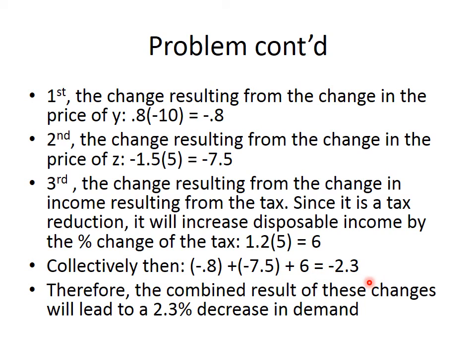We just add those three things together. Combined, that's a negative 2.3% change in demand. Okay, this will be negative 8.3, and then we'll have plus 6, and using the additive condition of math, it's negative 2.3. Therefore, the combined result of these changes will lead to a 2.3% decrease in demand for my product.